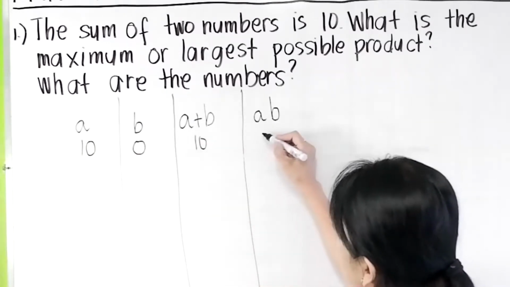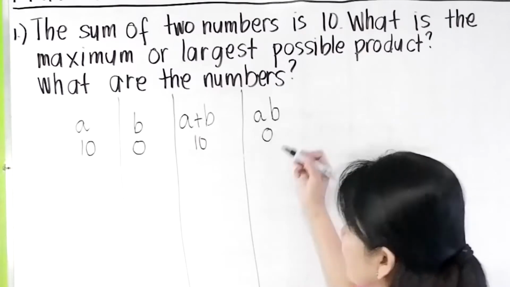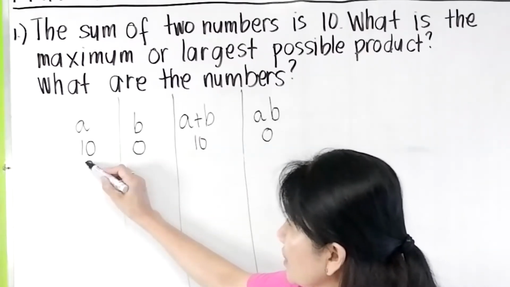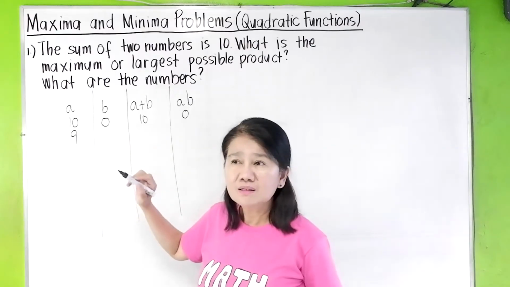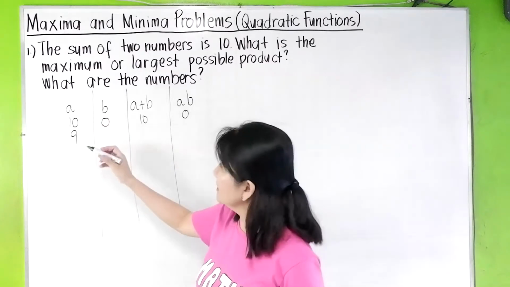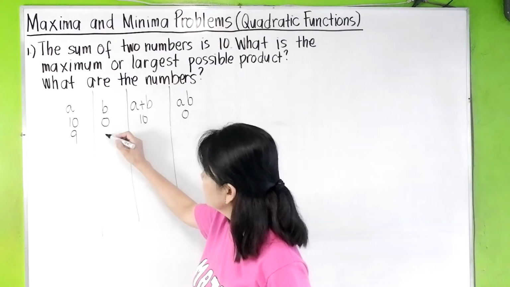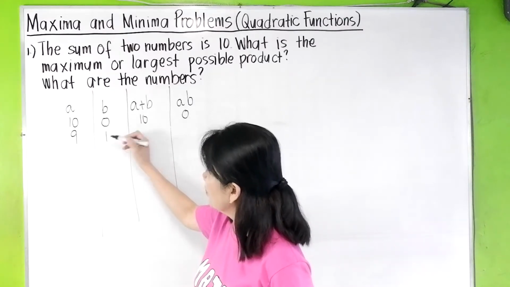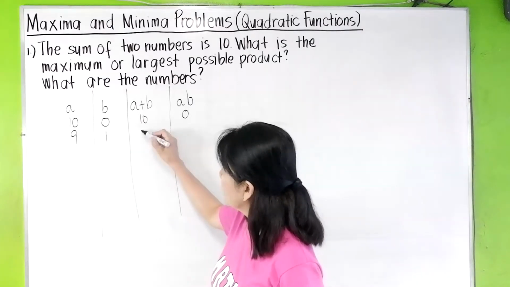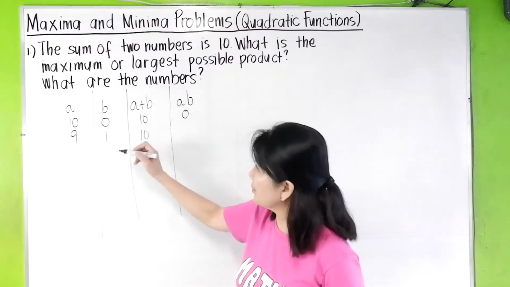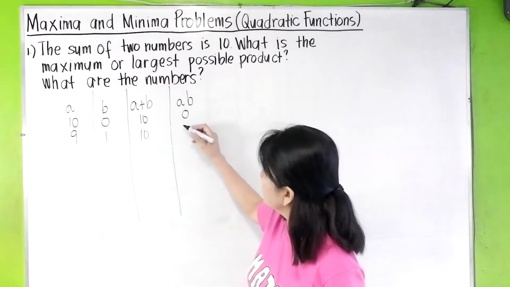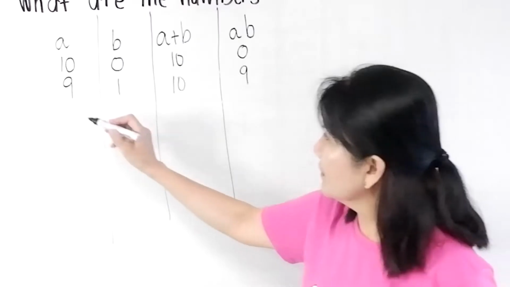Multiply 10 times 0 is 0. Now, if we let A, our first number, be 9, our second number is 1. 9 plus 1 is 10. What is the product? 9 times 1 is 9.